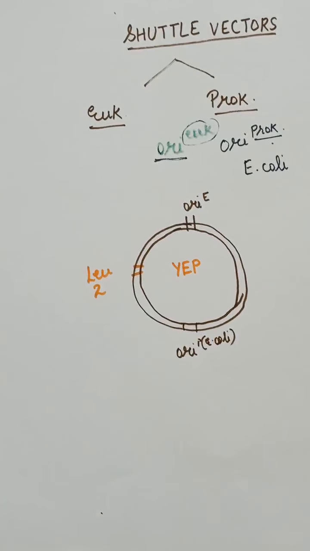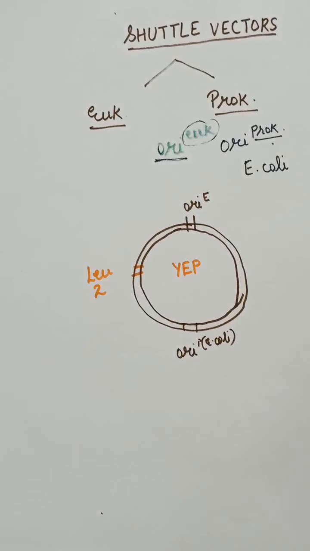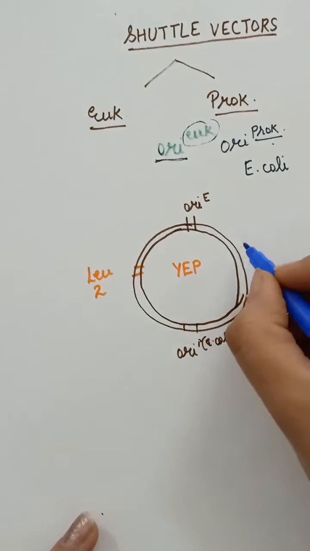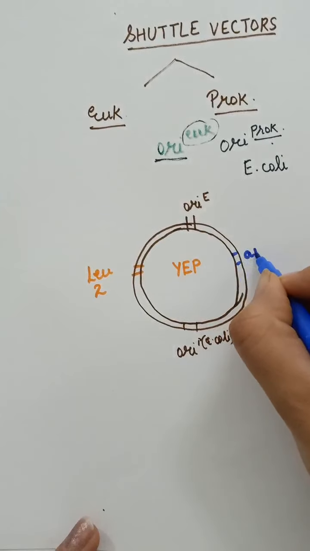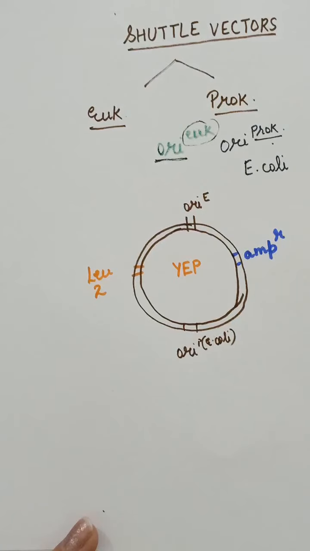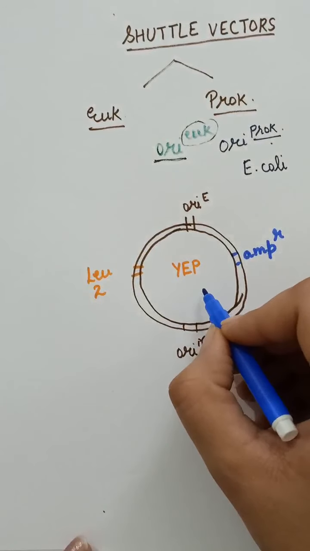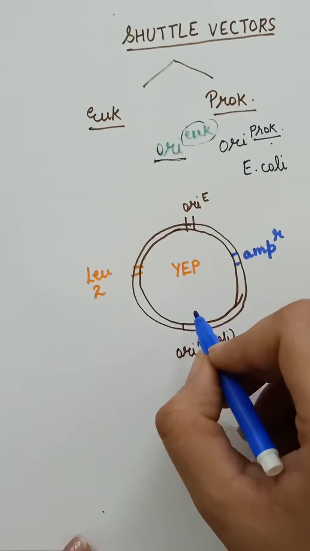Now, these vectors also contain an antibiotic resistance gene as a selectable marker. So basically in this vector, an ampicillin resistance gene is present as a selectable marker.